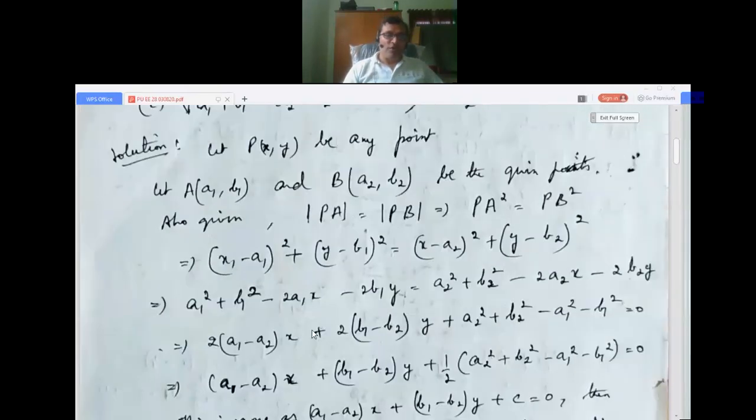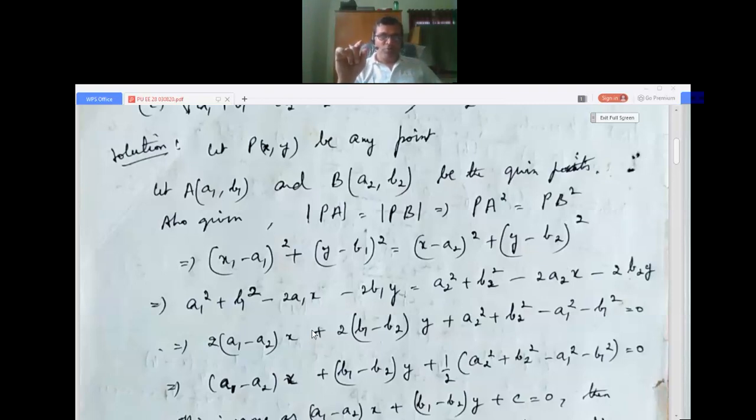Solution now. Let P of x comma y be any point, the moving point, and let a1 b1 and a2 b2 be the given points A and B. It's also given that PA equals PB, that is, the magnitude of PA is equal to the magnitude of PB.